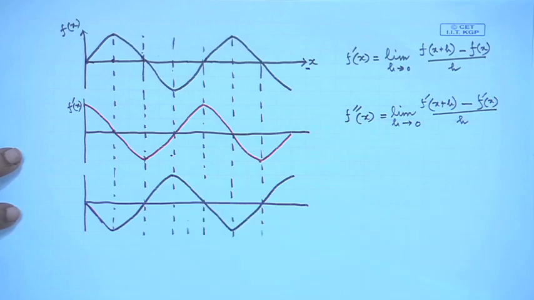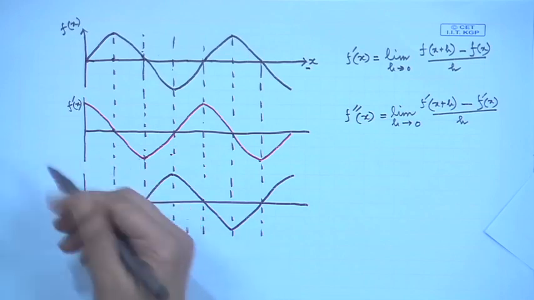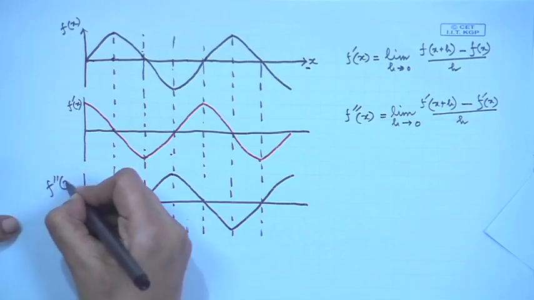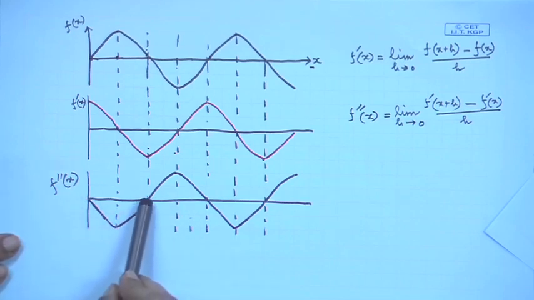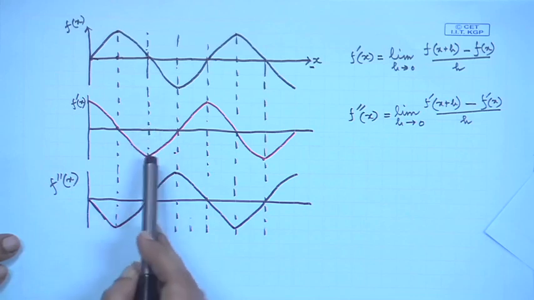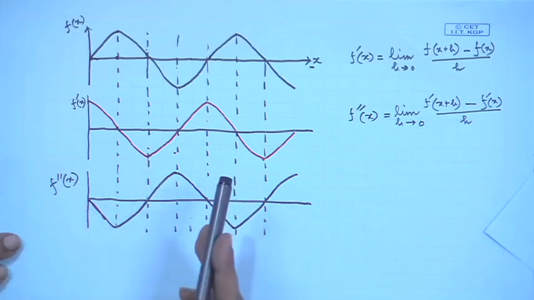If I draw it to see what is happening, this is my f double prime x. The function is coming down, all negative, 0 at this point, because the function is changing its behavior from decreasing to increasing.